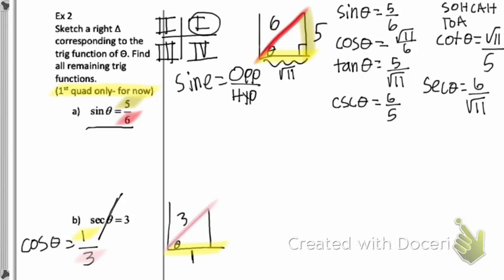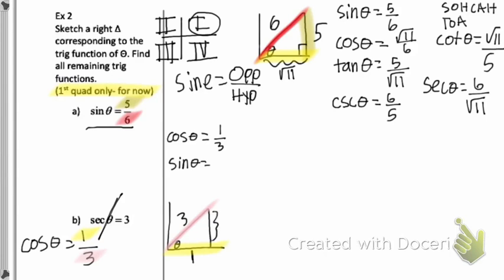Now let's find the 6 trig functions. So we already know cosine of theta equals 1 over 3. I'll write secant of theta last, so it's easier. Let's do sine of theta. We need to find this side here first.